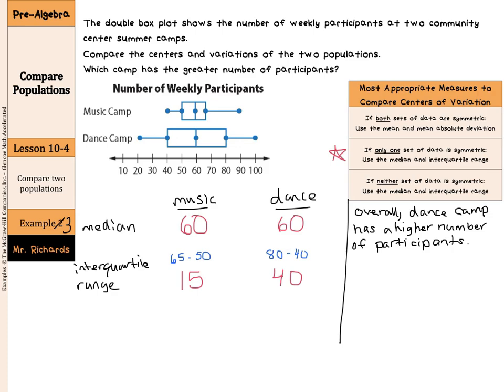Now, they both do share a median of 60. With that, though, we can look at the interquartile range, and the dance camp has a much higher interquartile range. So let's say that. The camps share a median of 60.